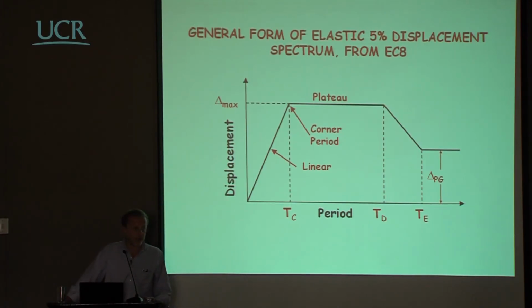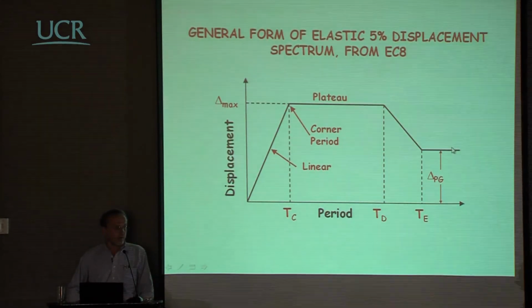The other point that you should not forget is that if you consider that a structure is increasing its period of vibration due to damage, and you say, I could go in this area here because of the damage of the structure, you should also recognize that to go down here, you have to pass through this plateau during the damaging of the structure.